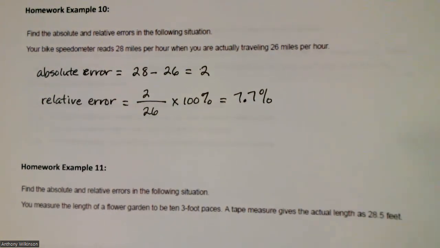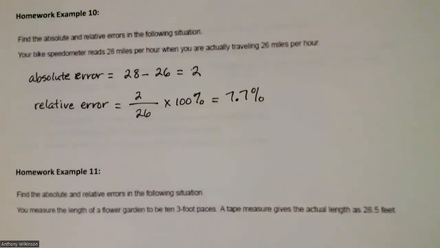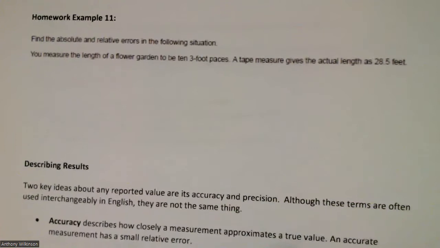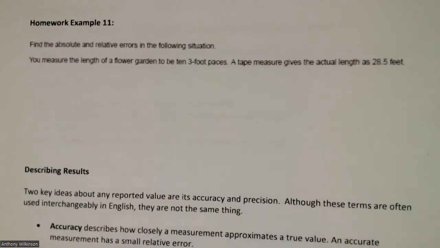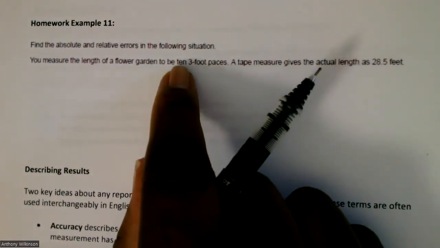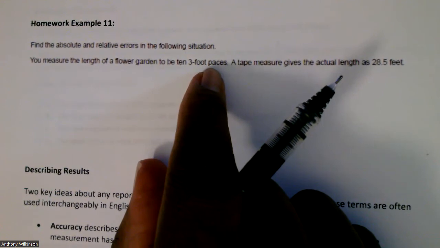Okay, and example 11 is this. You measure the length of a flower garden to be 10 3-foot paces. A tape measure gives the actual length of 28.5 feet. Now we need to take 10 3-foot paces.